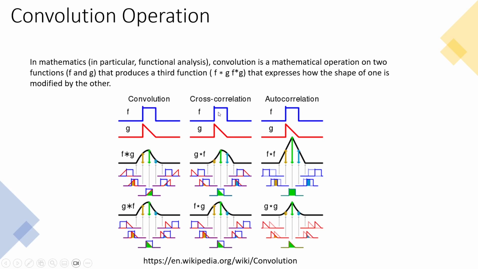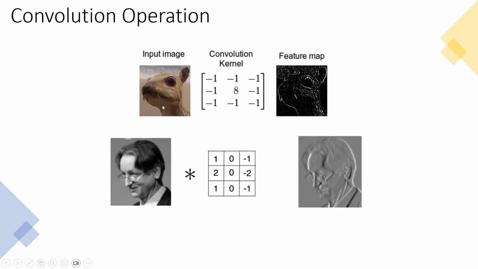If you, for example, apply this magical operation in a different order, g with f, you come up with something like this. If you apply the same magical operation to f itself, you come up with something like this. So the idea is you have two functions, you apply this operation, you come up with another function.